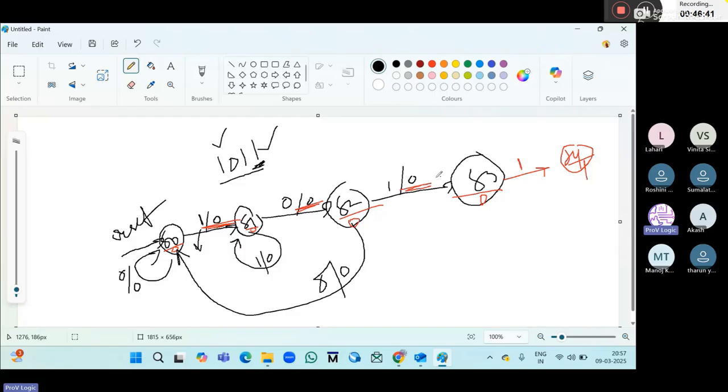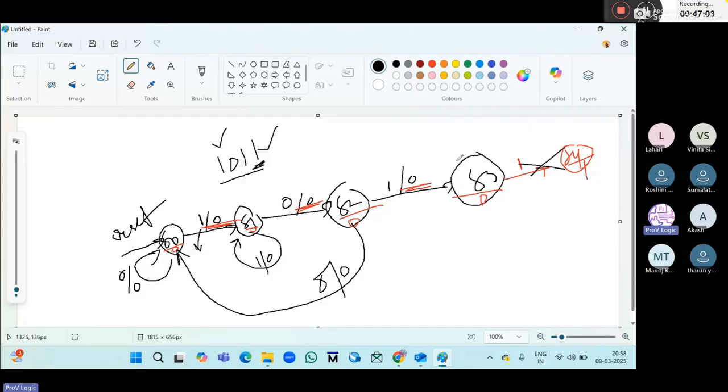S3 also, this is for Moore. Coming to S3, 1 is getting here, but where should it get another 1 to detect this value? This is the present state, and it will have input also.